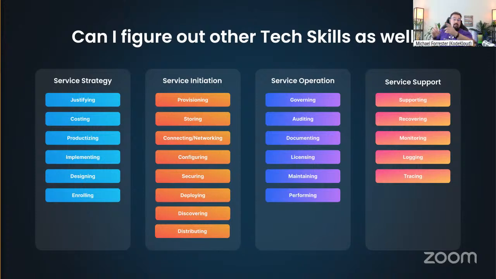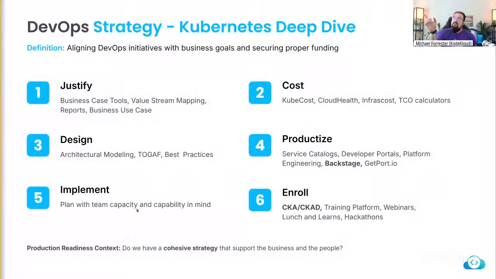Okay, given the time, we've got about 15 minutes left. I want to deep dive these verbs into something specific, like an ecosystem. So let's say you're like, hold on, Michael, I want to figure out how to not only do the verbs for Kubernetes, but are there associated technologies that I can figure out with this same framework?